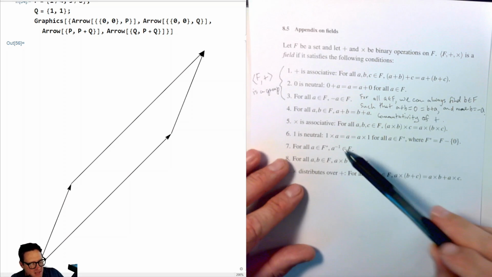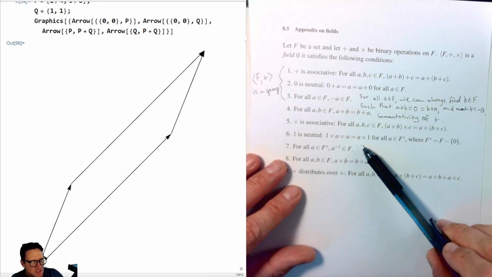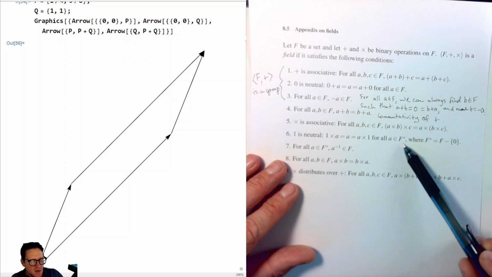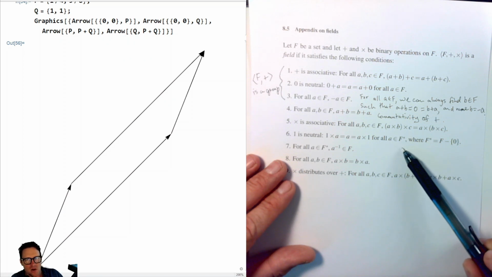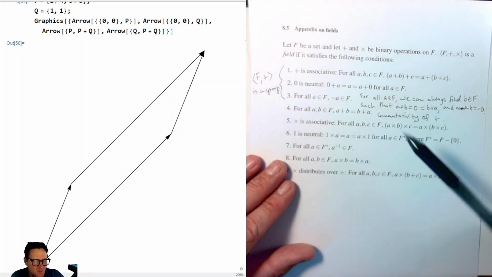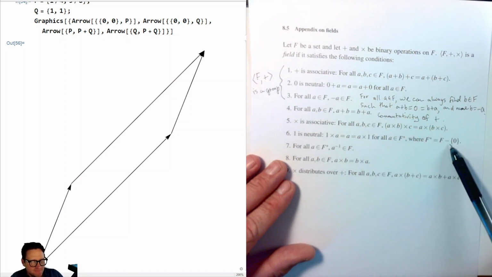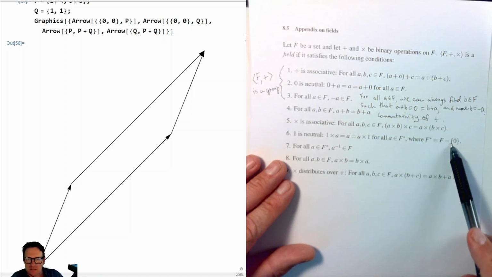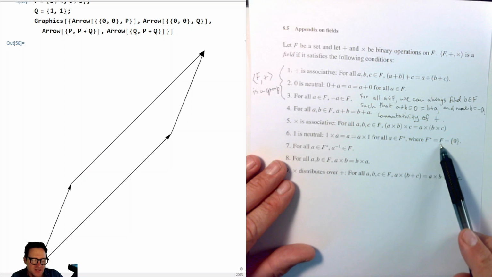1 is neutral in the sense that 1 times A is A, which is A times 1 for all elements A of F star. F star is the set of all non-zero elements of the field. So we throw out the zero element when we're talking about this. And here we have a set difference. So the set of all elements of F without zero, set difference.